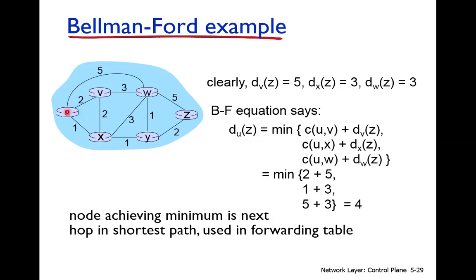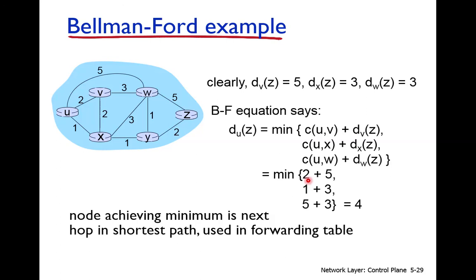So you can see that node u comes to know about z from its 3 neighbors: v with this cost, w with this cost, and x with this cost. So it will select the one neighbor which has the lowest cost, which has the minimum cost.